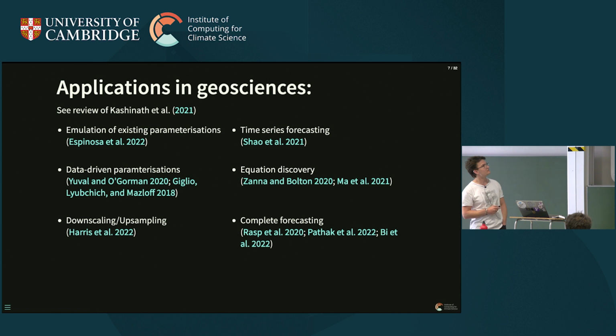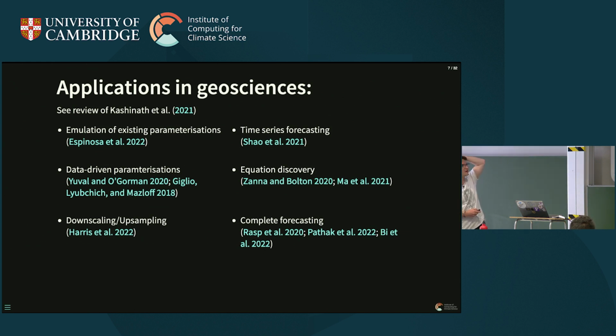There's also data-driven parameterizations, where we say we've got physics-based models that inevitably ignore some physics. Maybe if we have sufficient data and train directly on the data, we can capture that missing physics. We don't know how we're doing it, but we do. Downscaling, upsampling, I think there are some posters on this, is taking coarse data and trying to infer finer resolution.